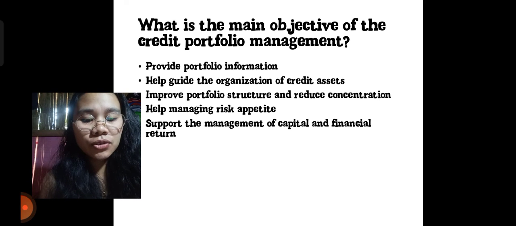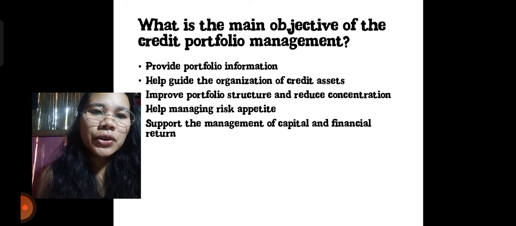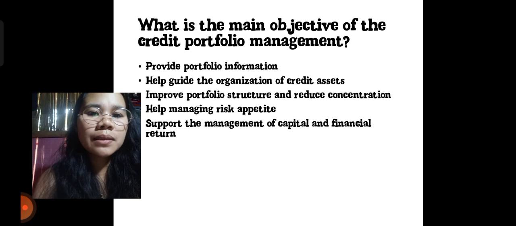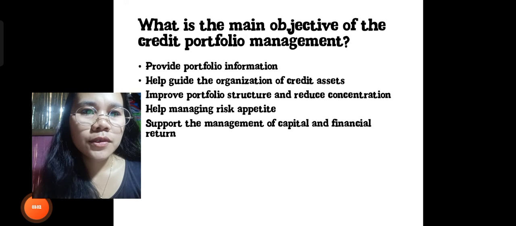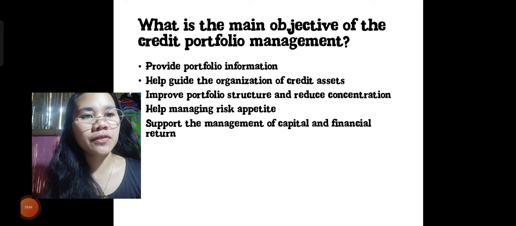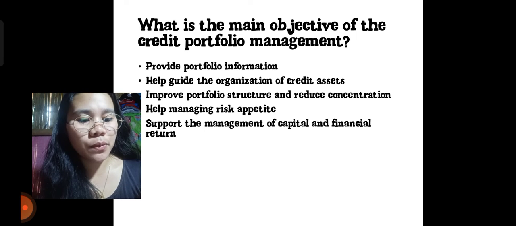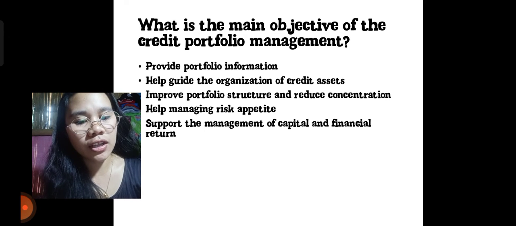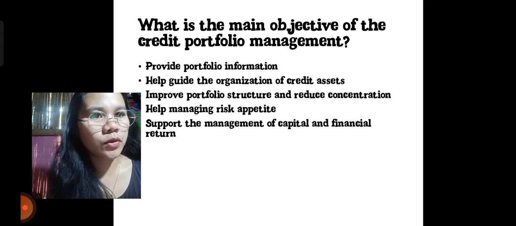It is like monitoring the relevant risk limits. So the last is support the management of capital and financial return. Through the portfolio, it will help manage the capital and financial return through various information shown in your portfolio.